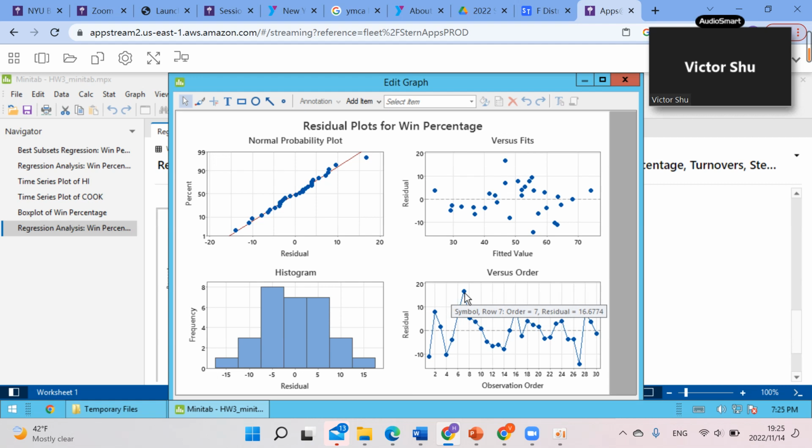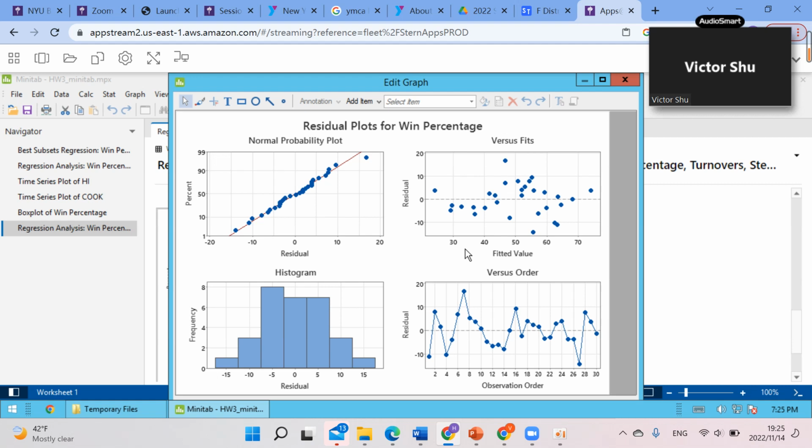Here it's the 8th observation, this is the 7th observation, and this point is our 27th observation. We see it has a very low residual. By the way, it coincides with this point on the residual versus fitted value plot, the lowest residual.